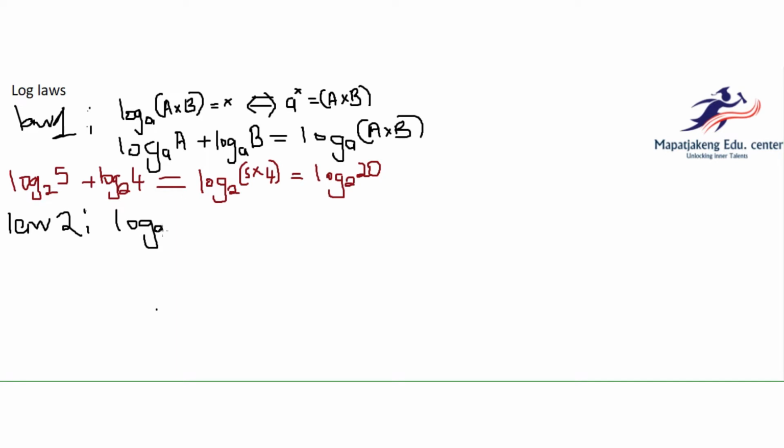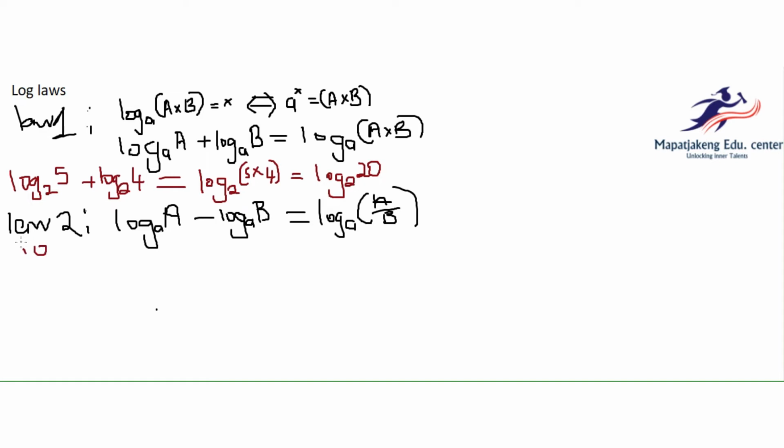It says if you have log base a of a minus log of the same base a of b, what will happen is that you're just going to have one log with base a, because the bases are the same, but in brackets you're going to have a divided by b.